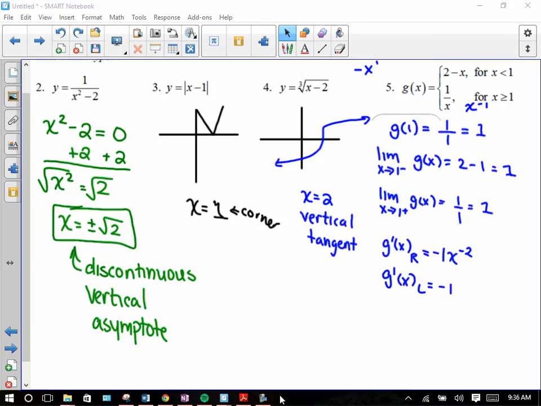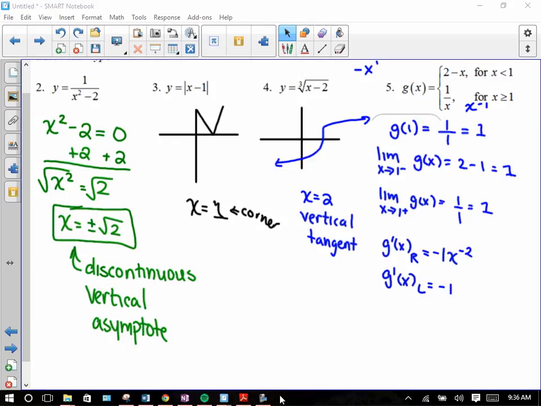So I ask you then, are those two derivatives equal? They're not the same. So what does that tell us? Is this function differentiable there? No. Why not? The left derivative is not equal to the right.